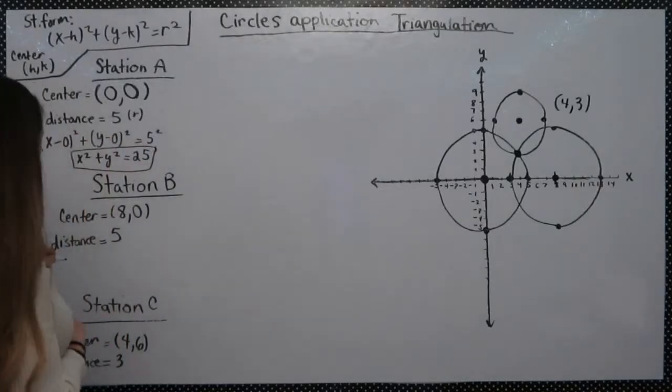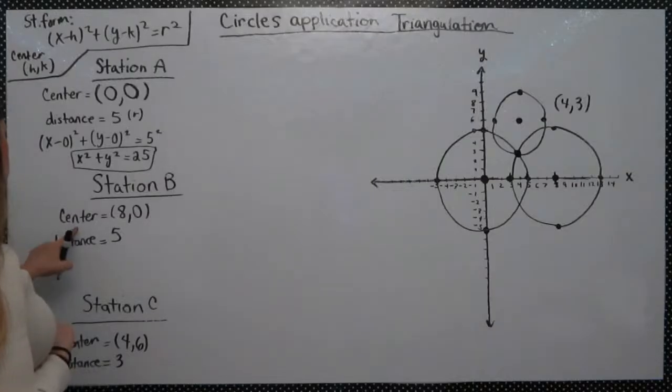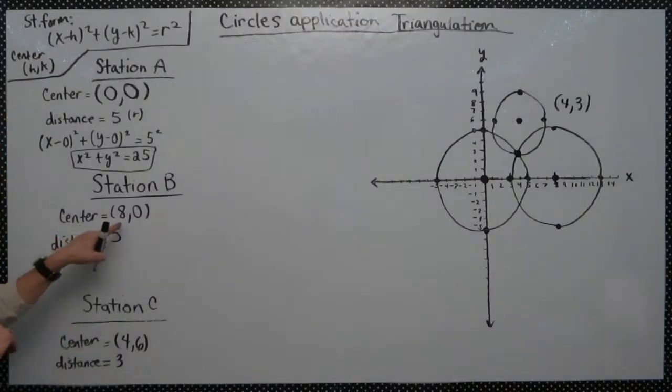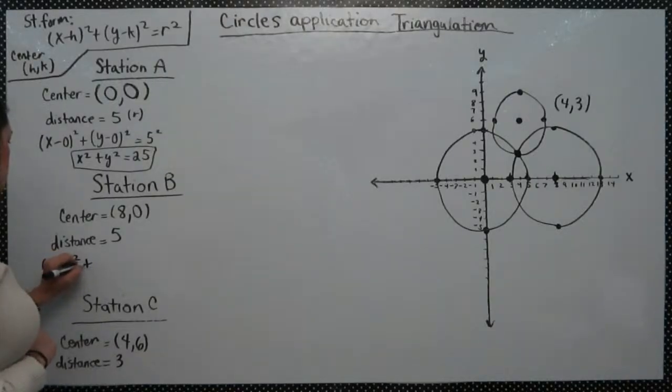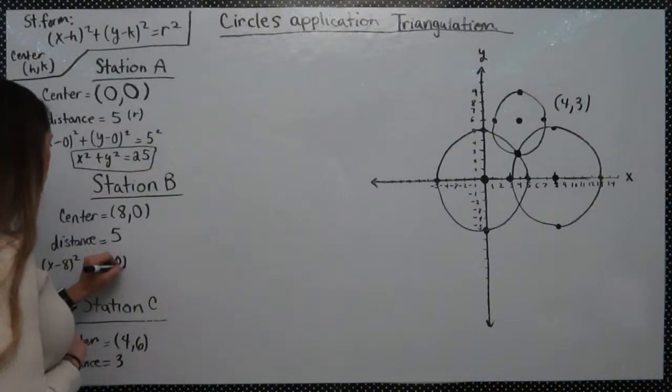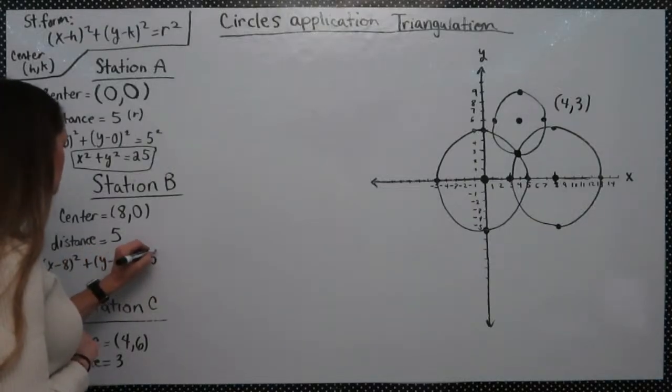solve. All right, and then this one here, we're going to repeat that process, h comma k, and you have r. So we're going to say (x minus 8) squared plus (y minus 0) squared equals 5 squared.